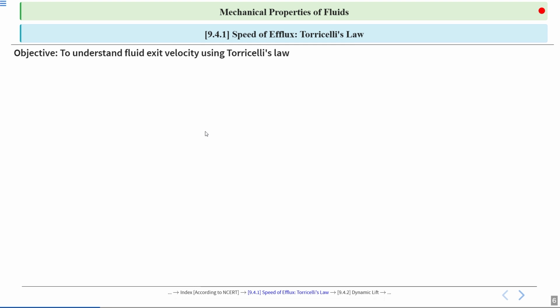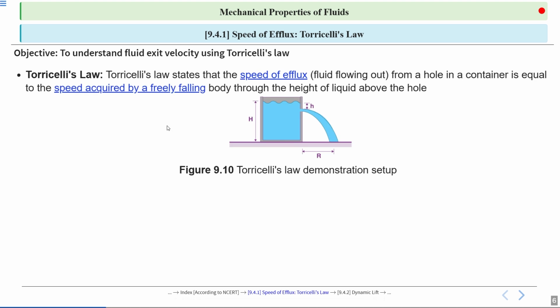So let's see what Torricelli's law says. We will look at the physical setup and mathematical formulation of Torricelli's law. Torricelli's law states that the speed of efflux, fluid flowing out from a hole in a container, is equal to the speed acquired by a freely falling body through the height of liquid above the hole.